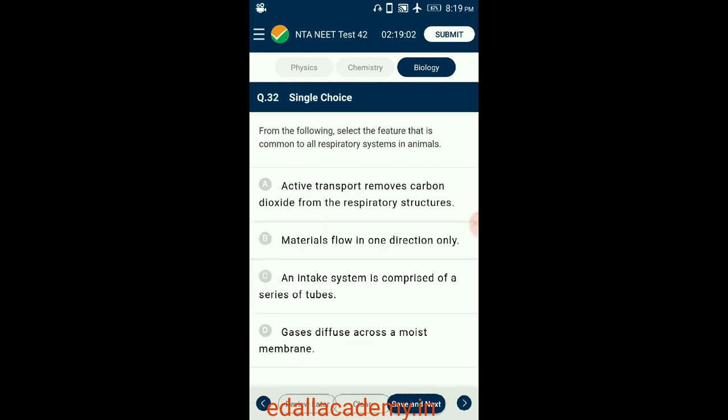Question number 32. From the following, select the feature that is common to all respiratory systems in animals. Respiratory system is responsible for the process where gaseous exchange takes place to continuously provide oxygen and remove the carbon dioxide formed in respiration.